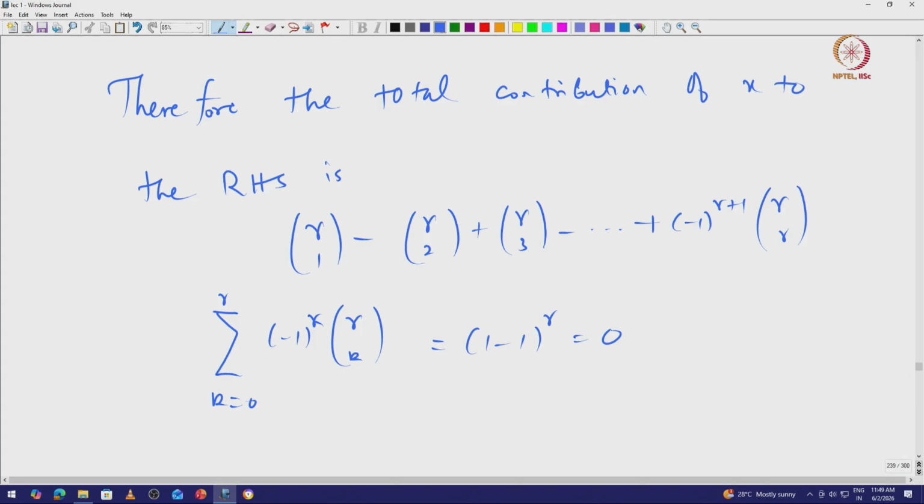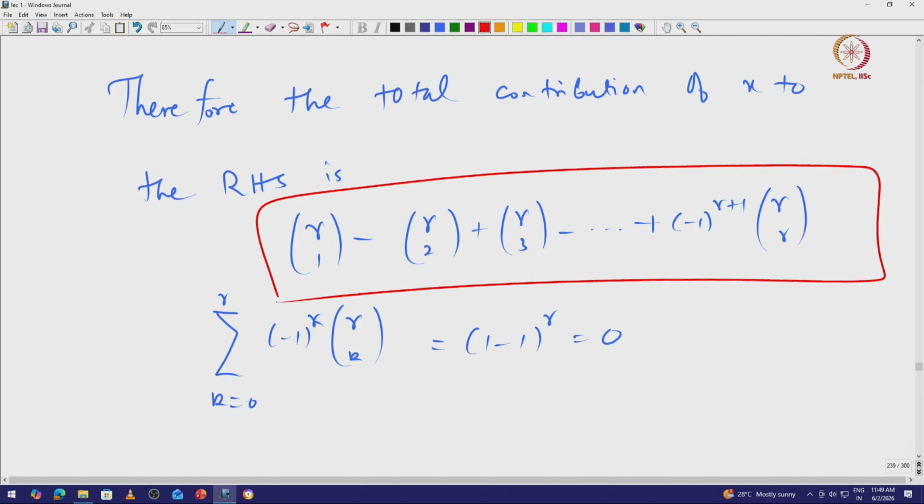So, that means this summation is exactly 1, because this is 1 minus this star.